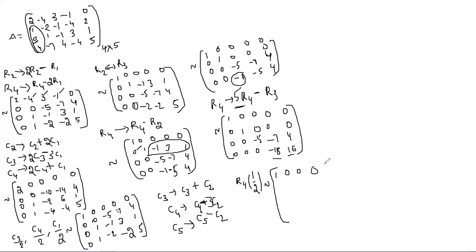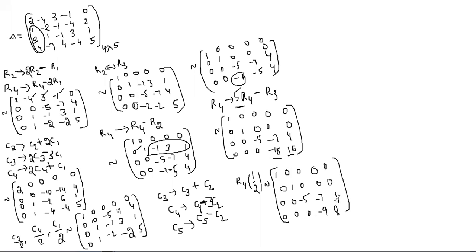So 1 0 0, and next here it is 0 1 0 0, and next 0 0 minus 5, minus 7 and 4, and this is simply what we'll get: 0 0 0, and next this is 2 nines, and next this is 2 eights. So this is the one.